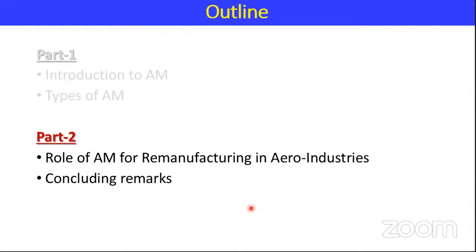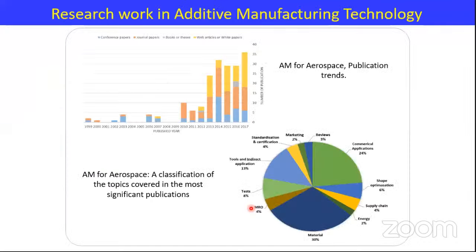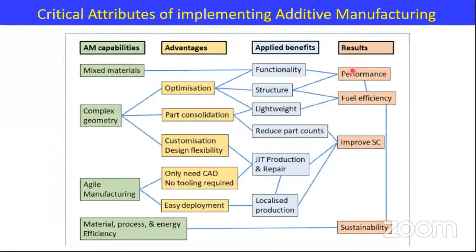So the second part of my talk is on the role of the AM process in remanufacturing strategies in the aero industries, right? So you see, the kind of research work as of now with respect to AM technology is growing on a yearly basis in a faster way, and it is picking up, especially for aerospace application, in a significant proportion compared to other application areas.